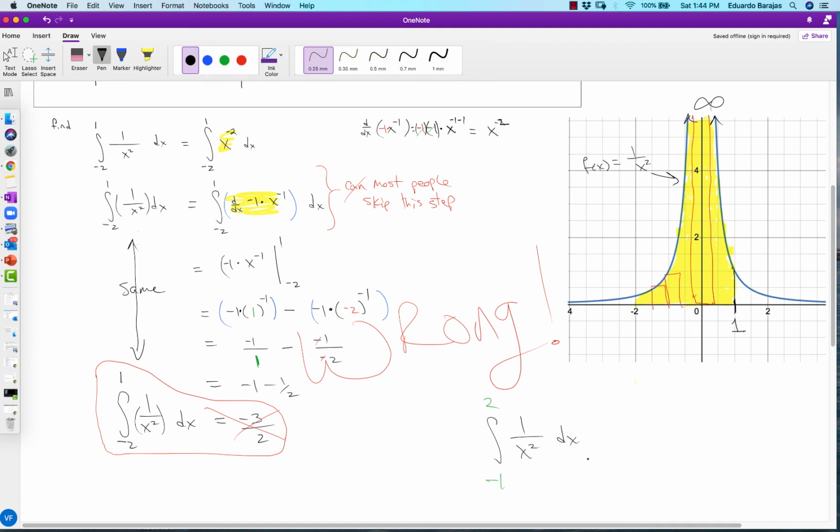If I wanted to approximate this one, for example, let's go back to our negative 2 to +1. That still wraps around that 0, so we have a problem. What we could do is approximate it. Let's do it in pieces.